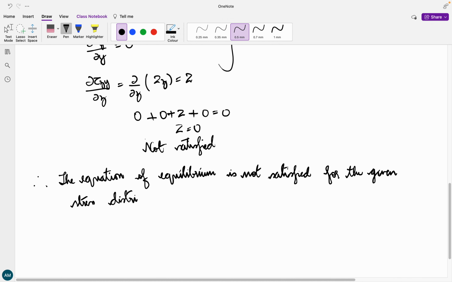Even if one equation of equilibrium is not satisfied, then it is not satisfied. Here this is the last comment that has to be written. This is the last conclusion. Only if all the three equations of equilibrium are satisfied, you need to mention that it is satisfied, else it is not satisfied.